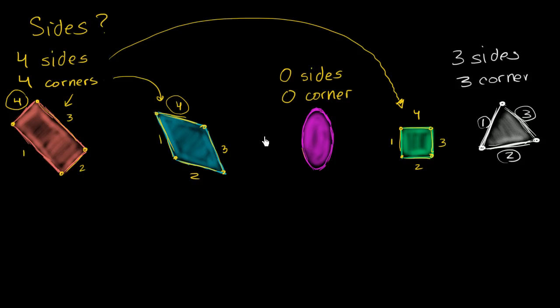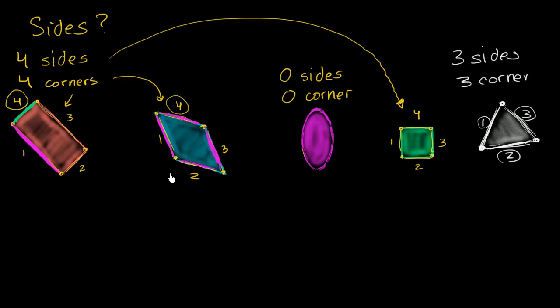Okay, well, calm down. Well, let's look at this. So if you look at this one, it has 4 sides, but we see that this side right over here, this green side, is clearly shorter than this purple side. So all the 4 sides here are not the same length. But if we look at this shape right over here, this side at least looks like the same length as this side, and that looks like the same length as this side, and that looks like the same length as that side.